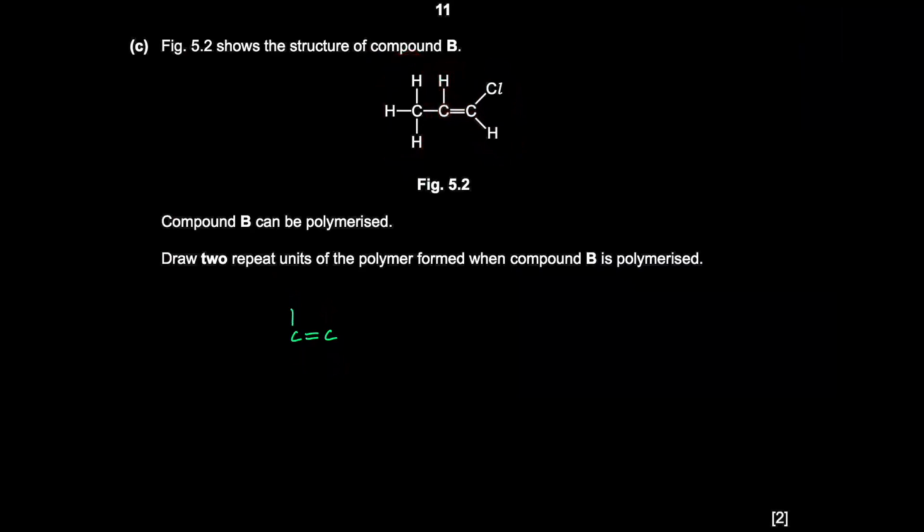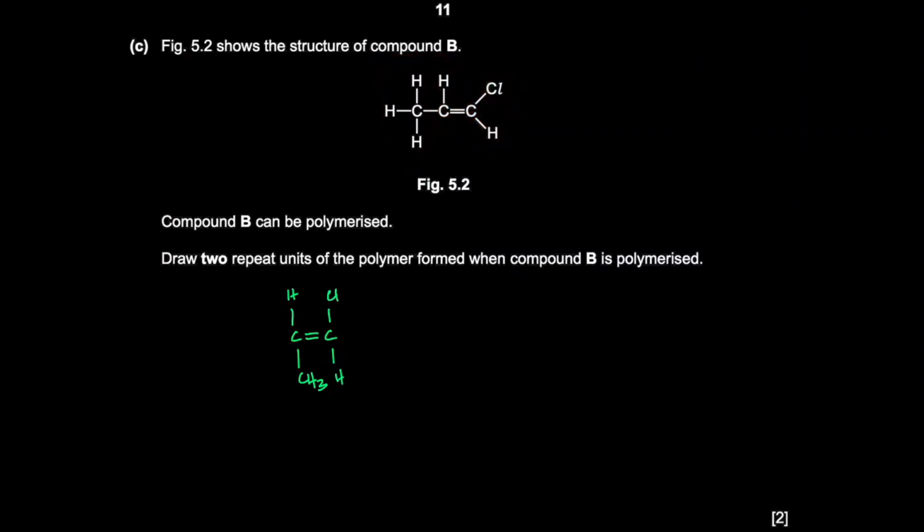Doesn't matter if you draw it above or below. And is carbon pe kya hai? We have a chlorine and a hydrogen. So again, draw the double bond, and then look at the double bond wale carbon. The first carbon has a hydrogen and a CH3. The other carbon has a hydrogen and a chlorine.